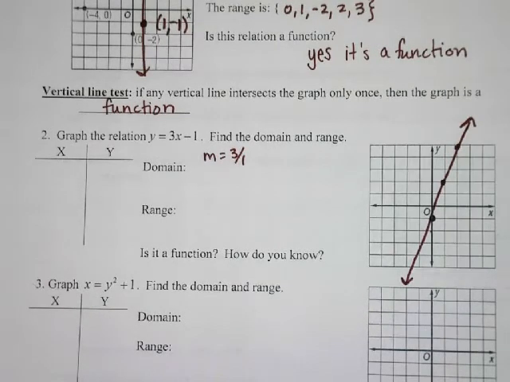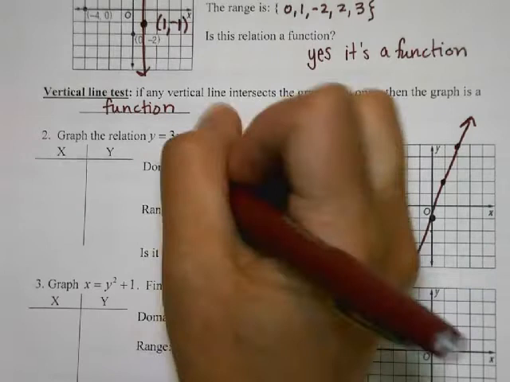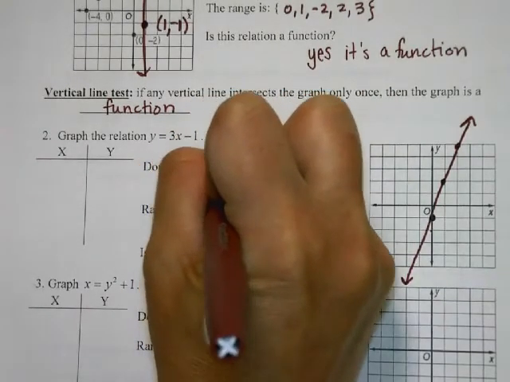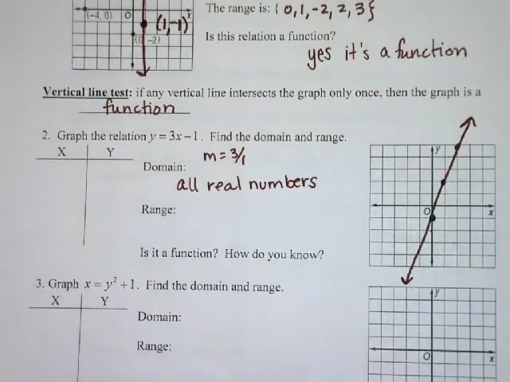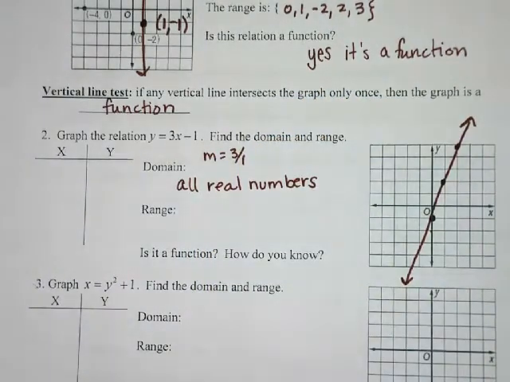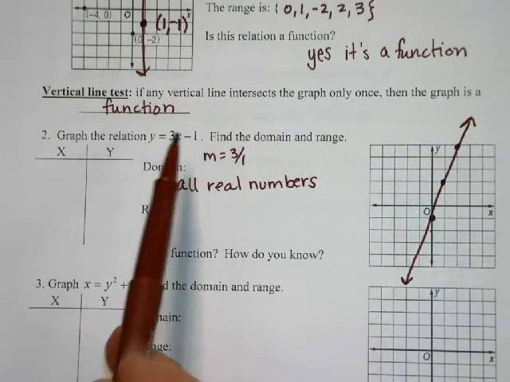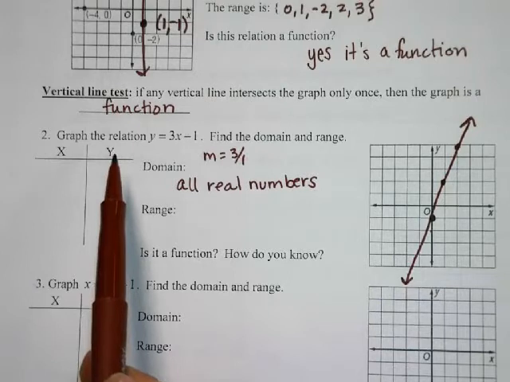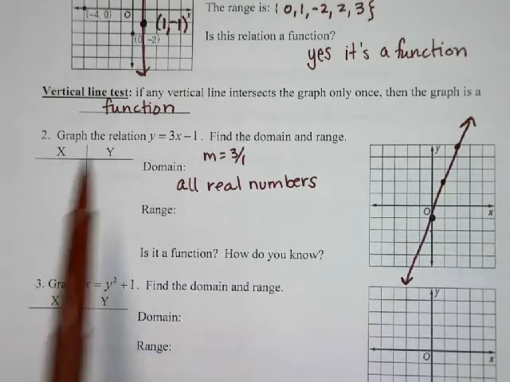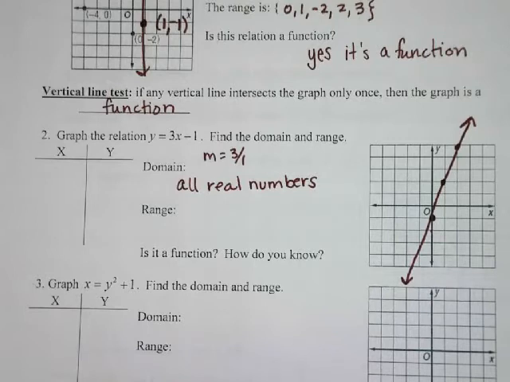And if it included everything, what did we call that guy? Anybody remember? It's tricky, I know. All real numbers. There's not a number I can't put in for x where I don't get something out. Okay? So my domain is all real numbers.